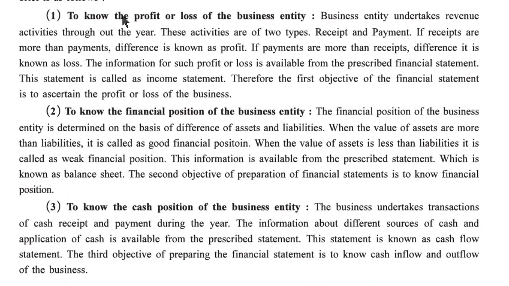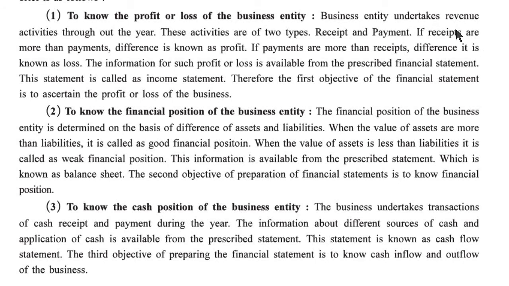First, to know the profit or loss of the business entity. The business entity undertakes revenue activities throughout the year. These activities are of two types, receipts and payments. If receipts are more than payments, the difference is known as a profit. If payments are more than receipts, the difference is known as a loss.